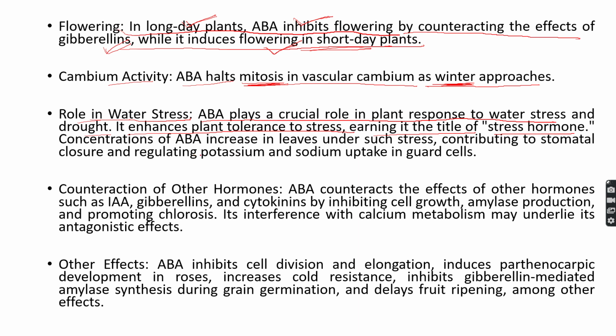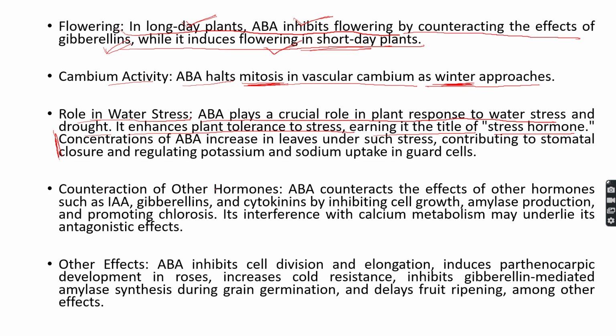As it is controlling the stomatal closing, that is why it can make the plant tolerant to water deficit conditions. Okay, concentration of ABA increases in leaves under such stress, contributing to stomatal closure, regulating potassium and sodium uptake in guard cells. So we will understand this part in a different class.